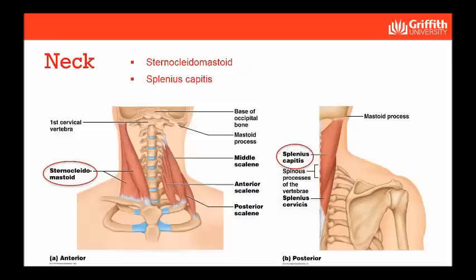Contraction of bilateral splenius capitis extends or hyperextends the head at the atlanto-occipital joint. Unilateral contraction of the splenius capitis rotates and laterally flexes the head to the same side. Sternocleidomastoid and splenius capitis are located in opposite compartments, so they are antagonists of each other.